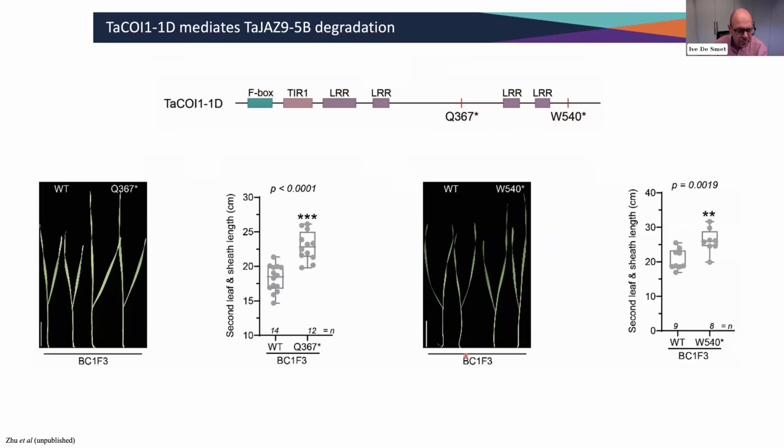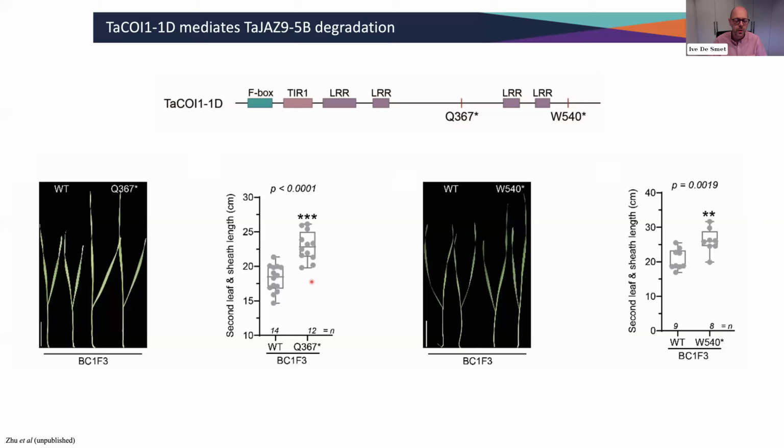Now finally, we then also obtained wheat TILLING alleles with premature stop codons in this COI1 1D variant. And indeed, when we then look at the phenotype, and here we assayed leaf sheath, leaf length, we notice that in two independent TILLING alleles, compared to the control, these seedlings grow a little bit larger.